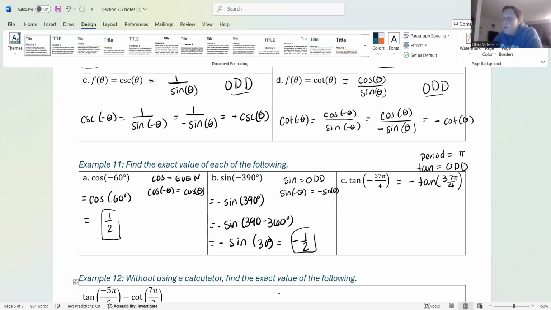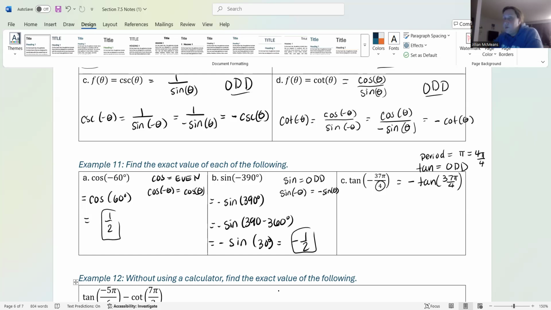Because I'm dealing with 37 pi over 4, let's rewrite this period with a denominator of 4. So I need to rewrite pi as 4 pi over 4. 4 divided by 4 is really just 1, so I'm just multiplying pi by 1, but it gives me a denominator that works.